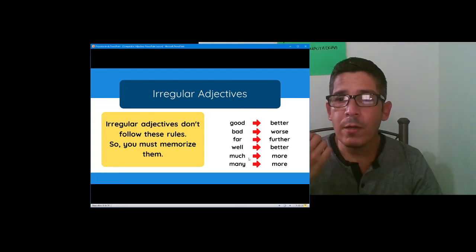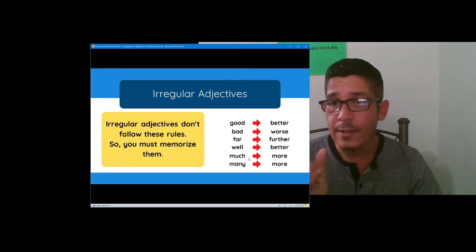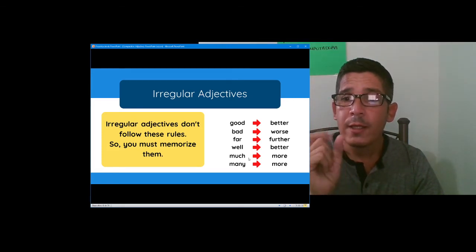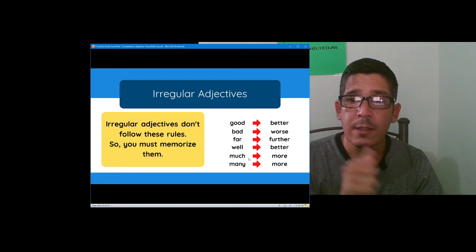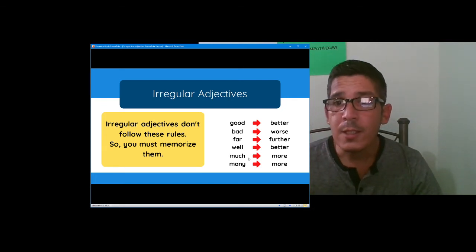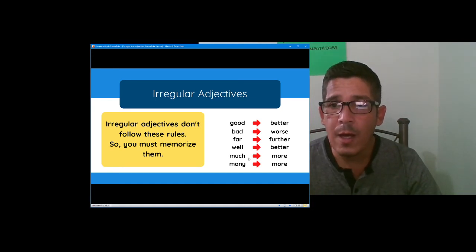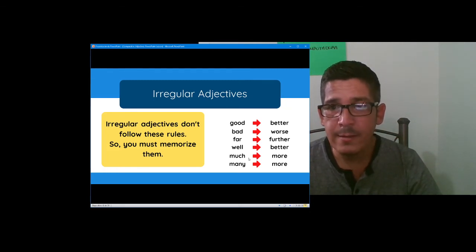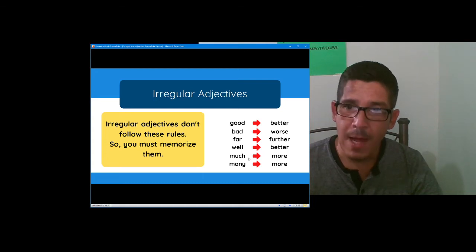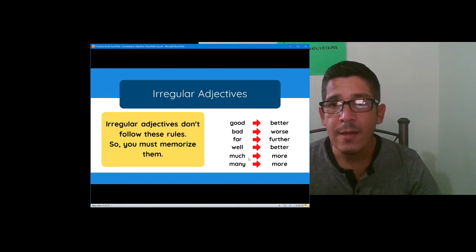In the rule number 2, we said that with short adjectives, one syllable ending in consonant, vowel, and consonant, the thing that you have to do is double the last consonant and then you are going to add er than. The example that I gave you was big because it's consonant, vowel, consonant. So you double the last consonant and you add er.